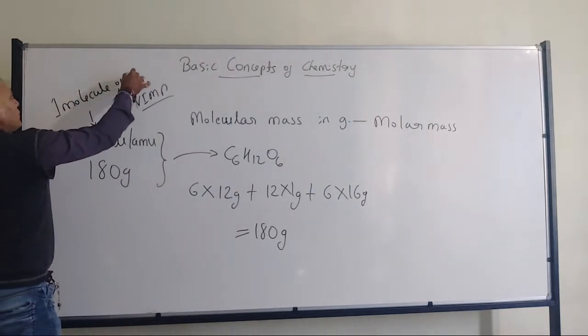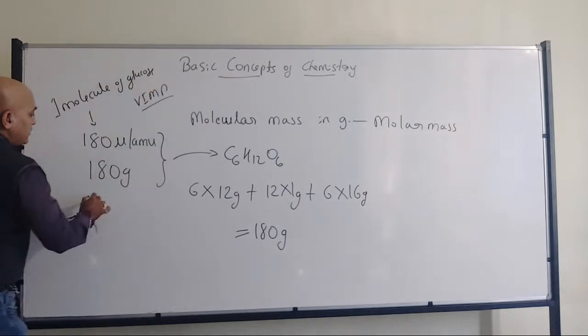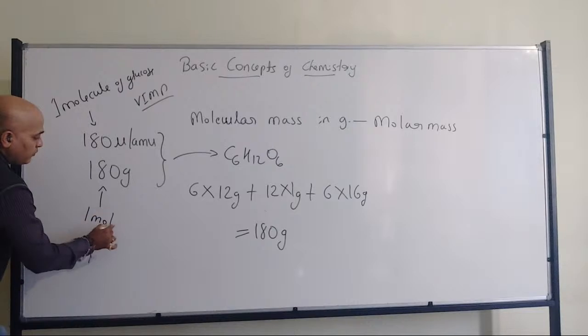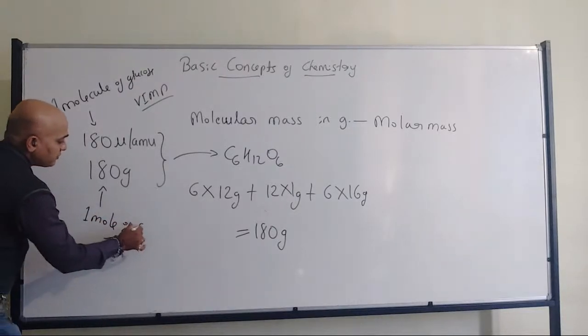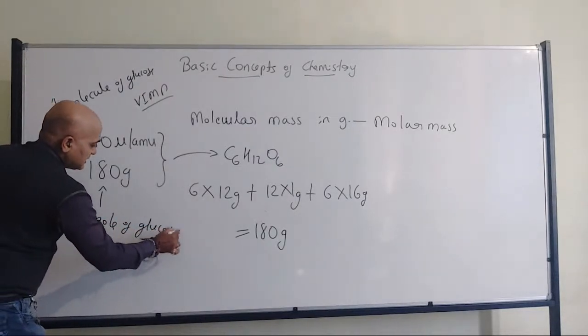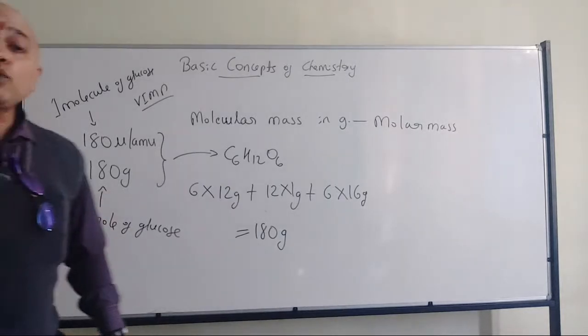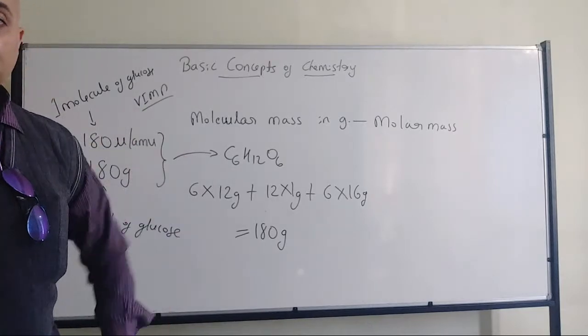But when I say 180 gram, it is nothing but 1 mole of glucose. That's where there is a huge difference between these two. 180 atomic mass unit is 1 molecule of glucose, and 1 mole of glucose is 180 gram.